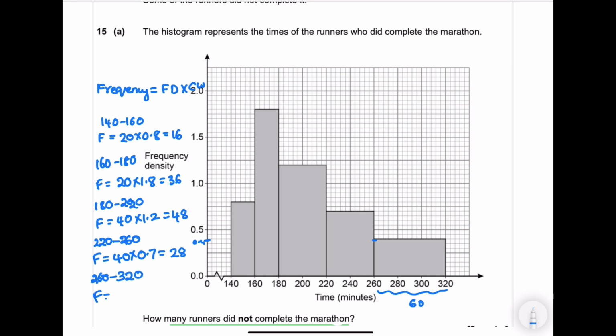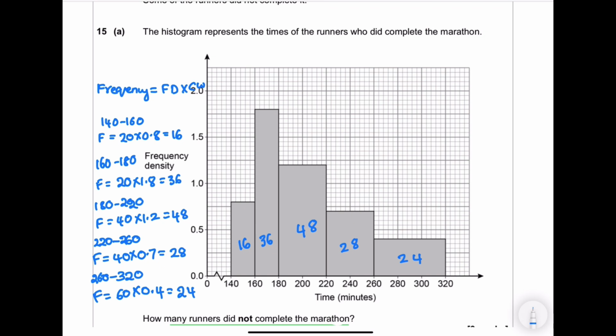Now the frequency for that bar is 60 times 0.4, which is 24. Now let's write all these frequencies inside the bars. The first one is 16, next 36, 48, 28 and 24.